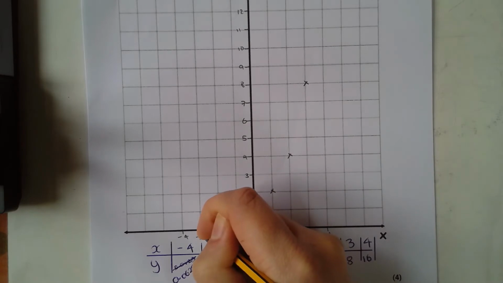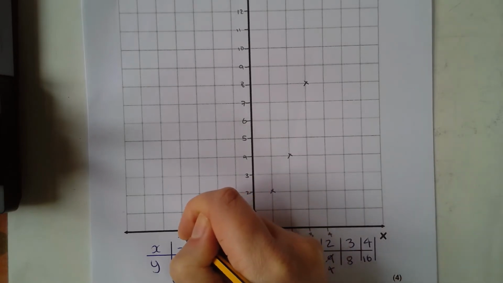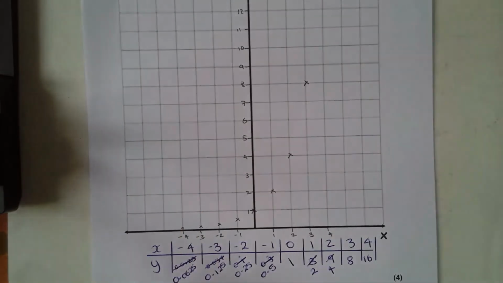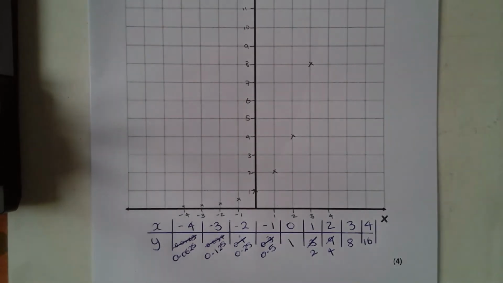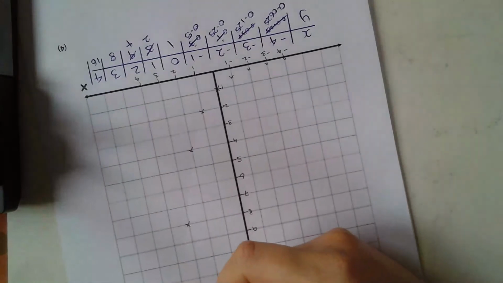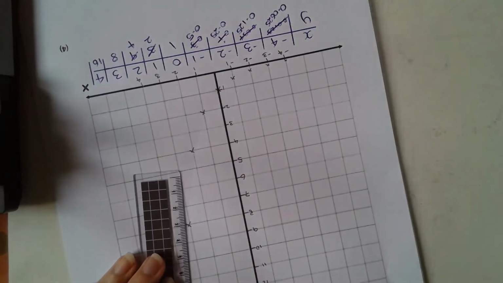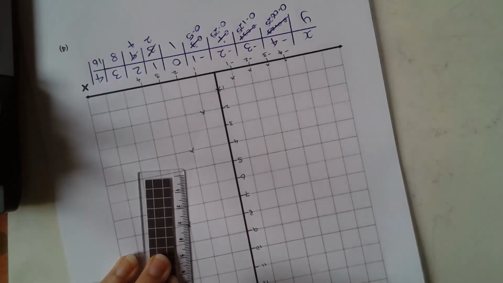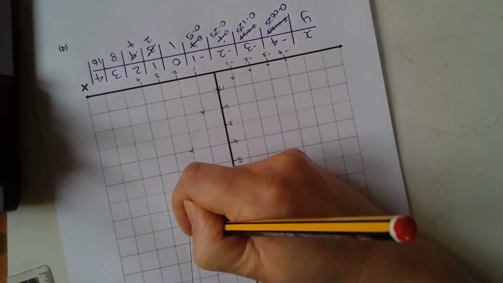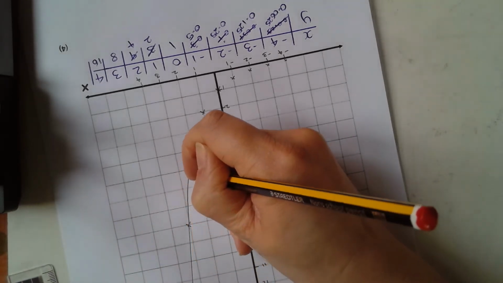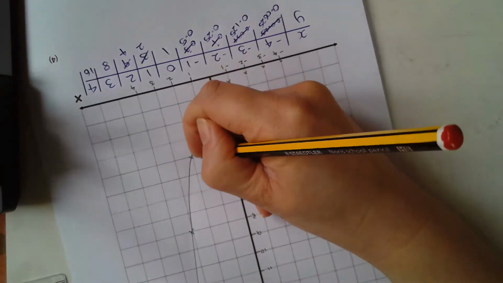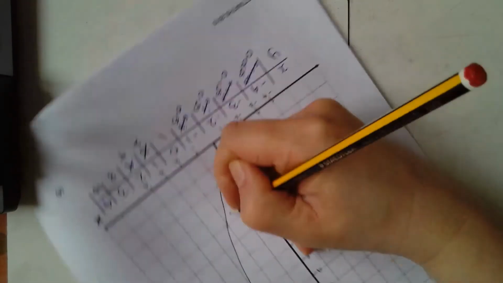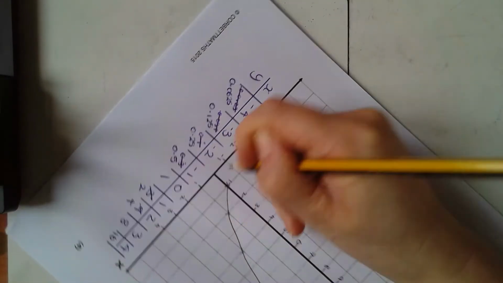Then it goes to an eighth. Then it goes to a 16th. There we go. Never touches the x-axis. So turn it around. This one's quite far apart now, so I am going to use my ruler for that one. And then I'm just going to connect the others with my curve.